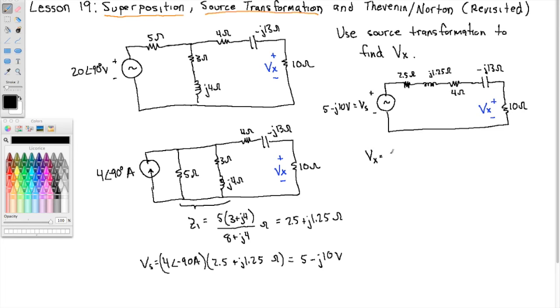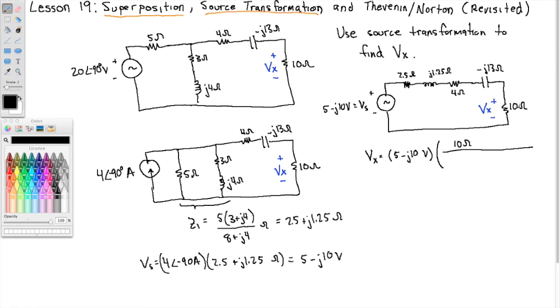So Vx equals the voltage source 5 minus j10 volts times 10 ohms, the impedance whose voltage we want, divided by, I'm going to draw a long bar there because we want the sum of all of the individual impedances.